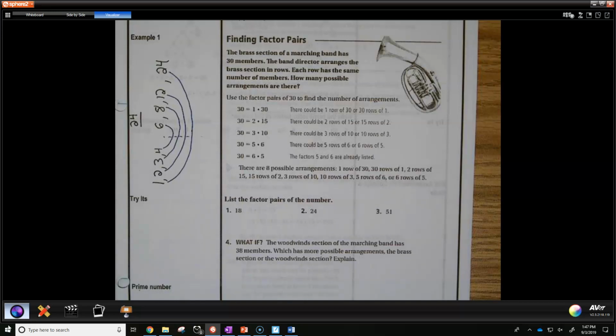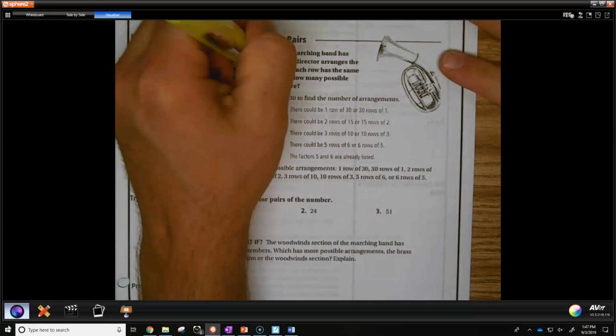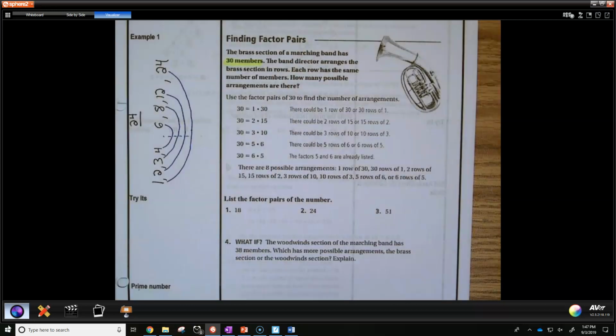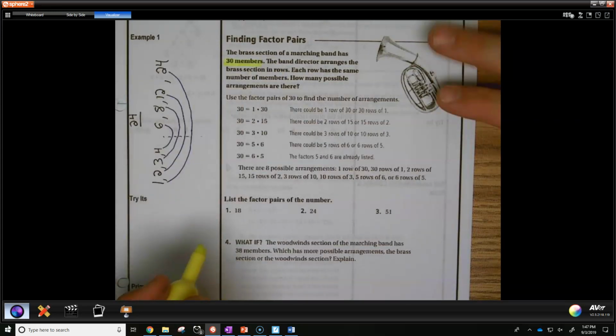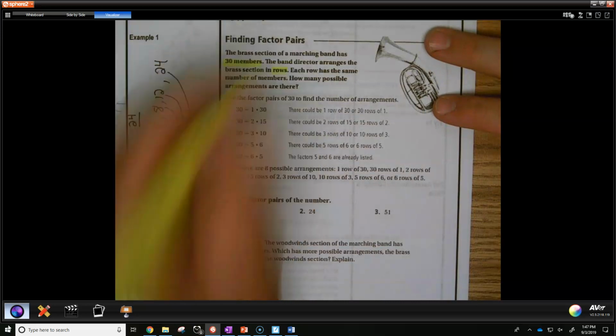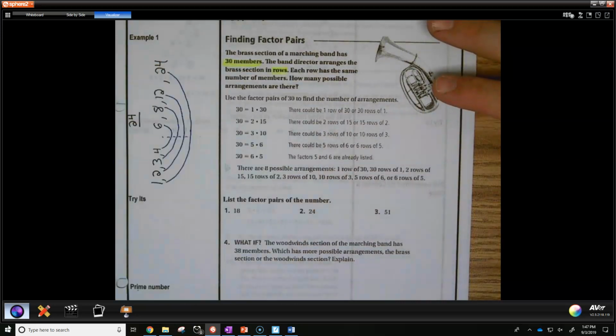It says, The brass section of a marching band has 30 members. So far, the only thing I cared about in that sentence was that there's 30 members. In my head, I'm thinking I have 30 of something. The band director arranges the brass section in rows. Okay, I'm going to have rows.